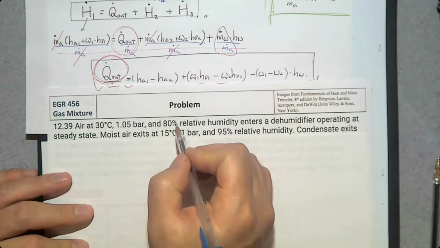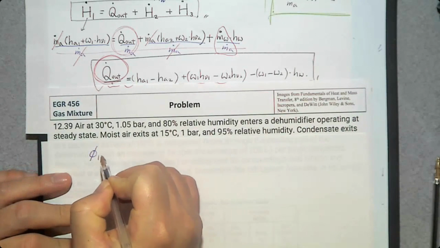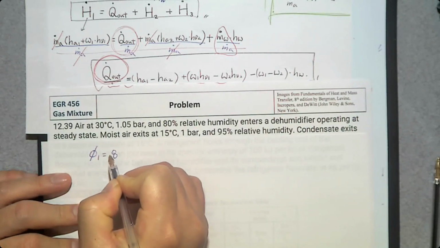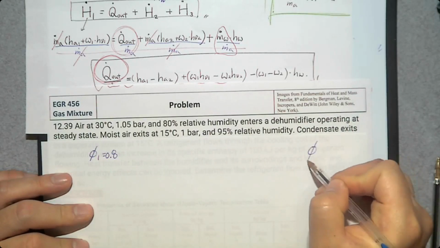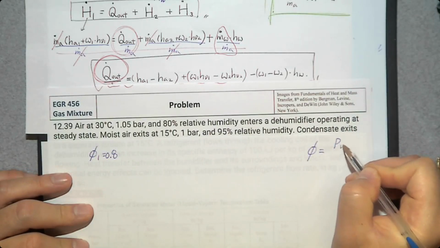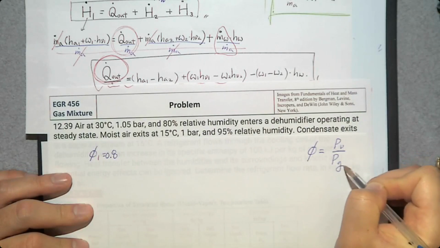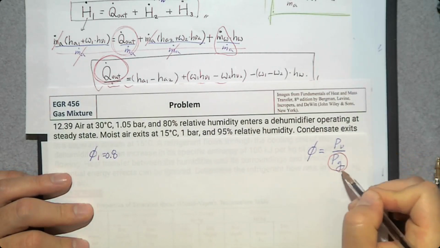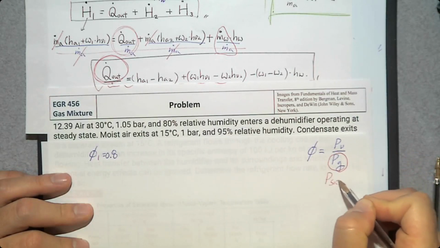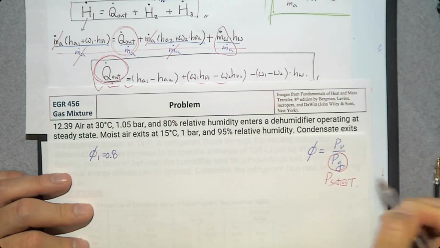The relative humidity at the inlet phi1 is going to be 80%, which means 0.8. This relative humidity is PV over PG. And in this case, PG is the saturation pressure, P sat at the given temperature.